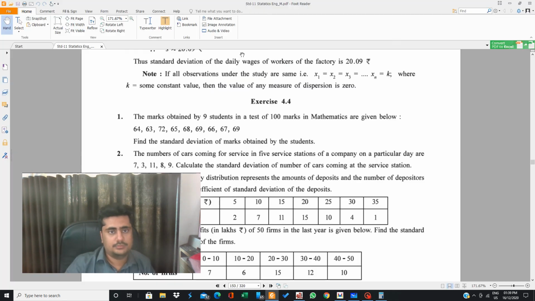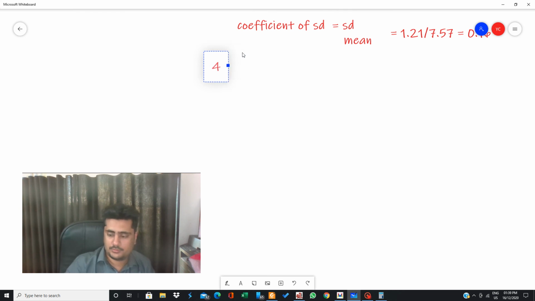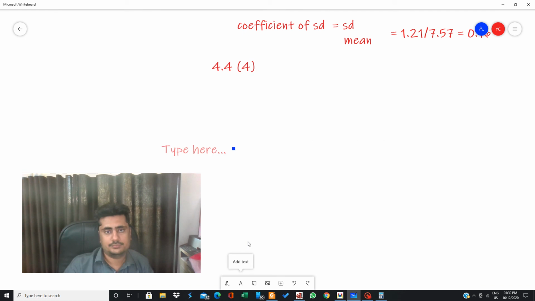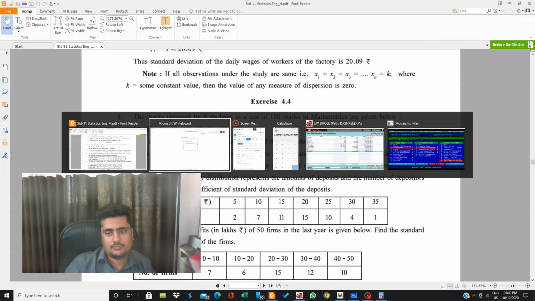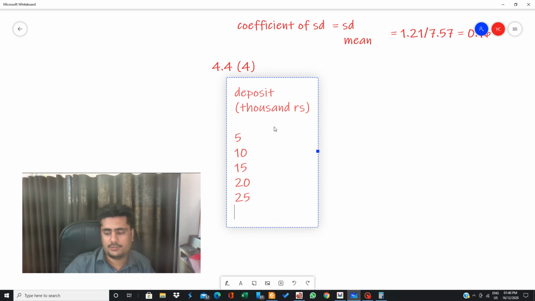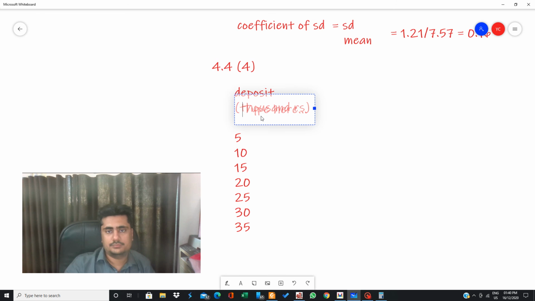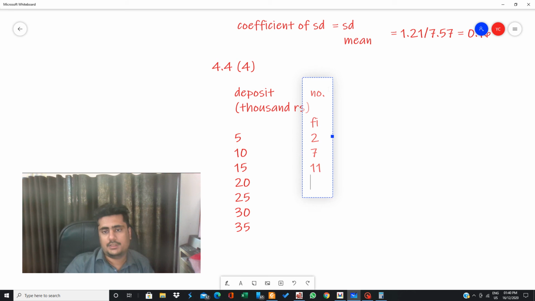This is exercise 4.4. Deposit in 1,000 rupees: 5, 10, 15, 20, 25, 30, 35. Frequencies, the number of depositors: 2, 7, 11, 15, 10, 4, 1.